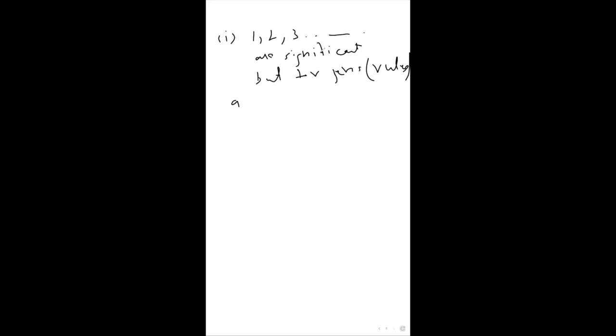And what are those? If a zero is embedded between two significant numbers, then the zero is also significant, right? Between two significant numbers, zero is significant.